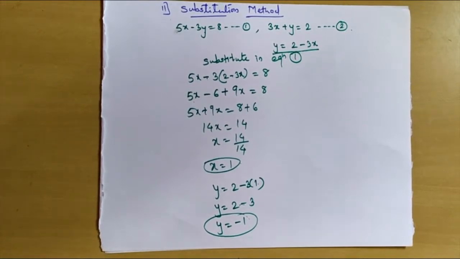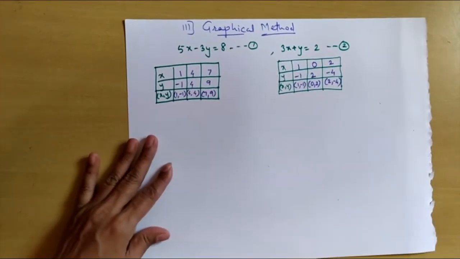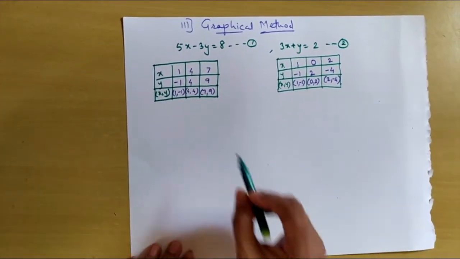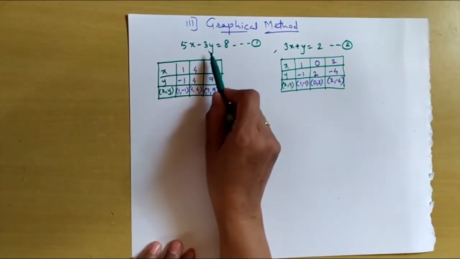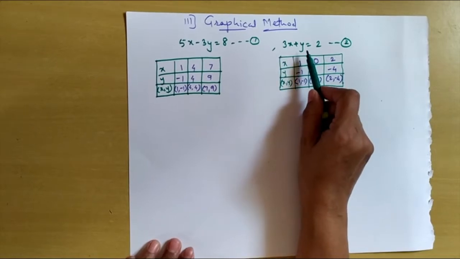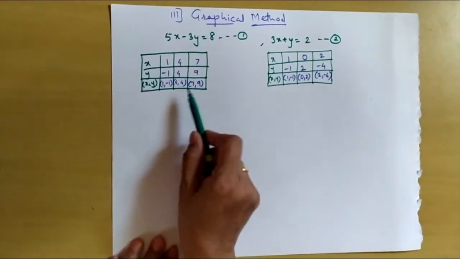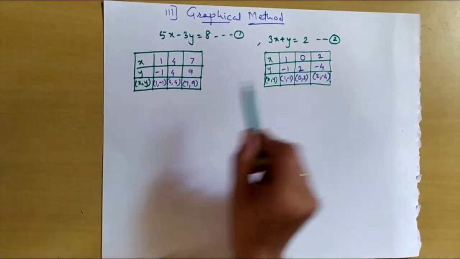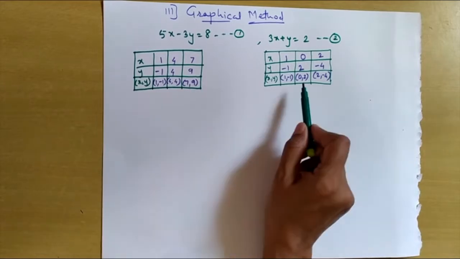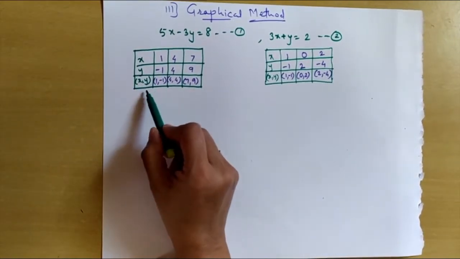Now the third method is graphical method. Again I will consider the same example, same equation, that is 5x minus 3y equal to 8, 3x plus y equal to 2. So for graphical method, just like in 9th standard, you have to draw two tables for both the equations. You have to select value of x, y and xy.